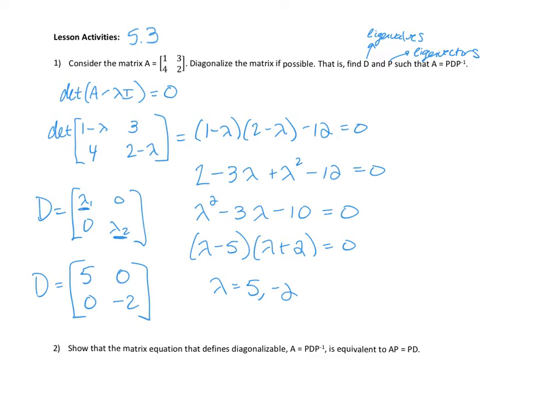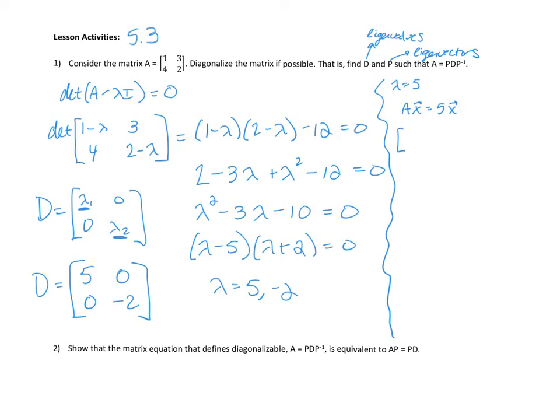Okay, so I used up way too much space here. Now I need to try to find an eigenvector that corresponds to each eigenvalue to make up P. So for lambda equals 5, I need one vector that satisfies AX equals 5X.